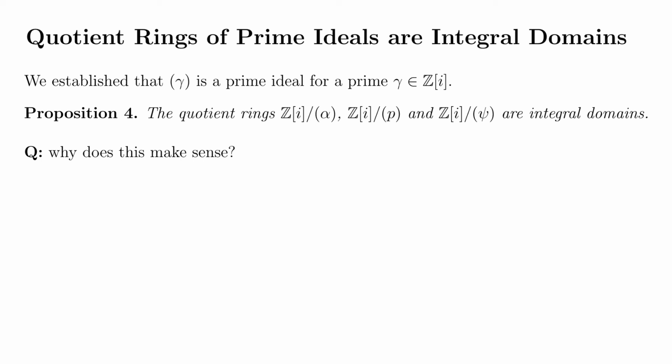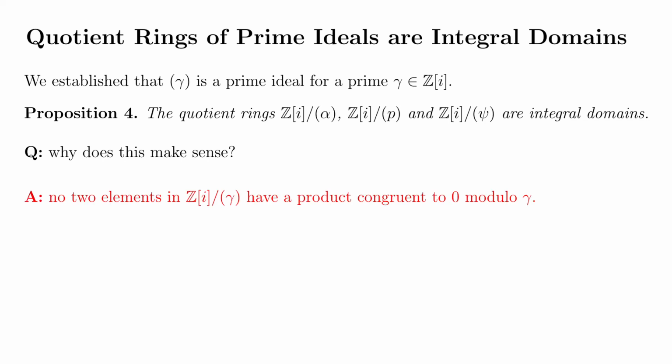And this should make sense because if the elements of these quotient rings are elements modulo gamma for a prime gamma, you are never going to find two elements who have a product congruent to 0 modulo gamma, essentially meaning that there are no zero divisors. And since these sets are finite, we can actually say that these quotient rings are fields.